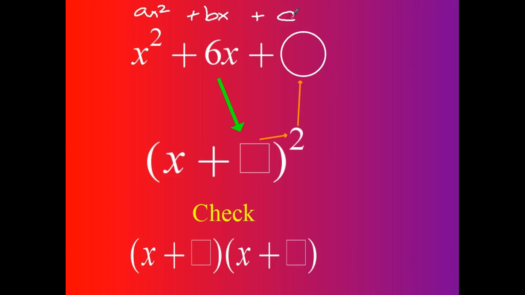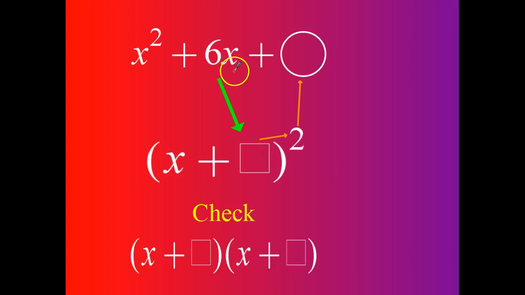I want something for c that makes this equation a perfect square. We know that the pattern is the middle term is this times 2. So once I get here, how do I get my other end term? So I'm going to take a look at here.